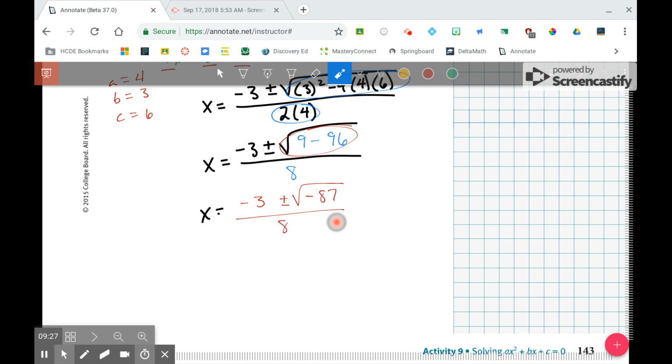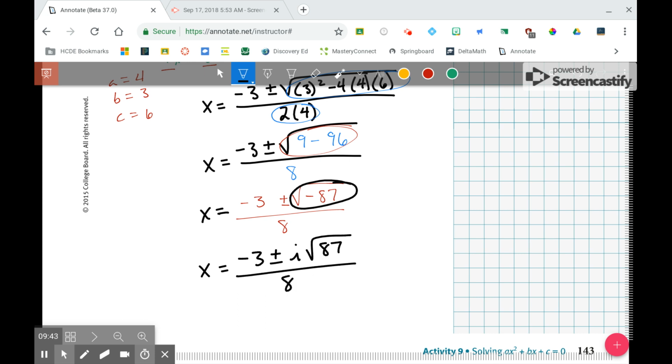So you may be tempted to stop here, but remember, we've studied complex numbers. We know that this means there's an imaginary. So really, this answer is negative 3 plus or minus i square root of 87 over 8. That is our final answer. Now we are done. This represents 2 equations, 2 solutions to our equation.